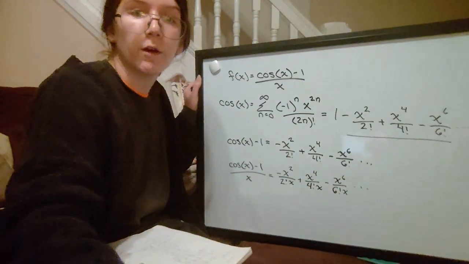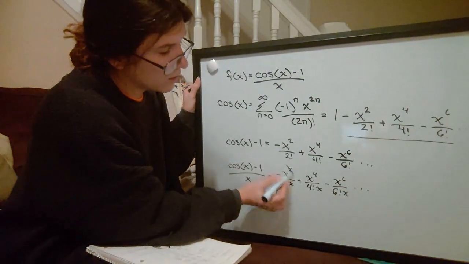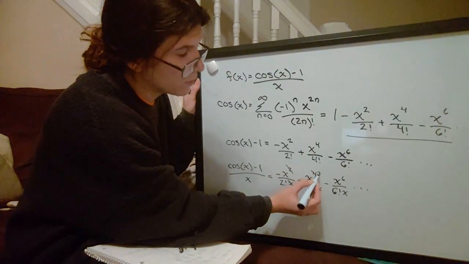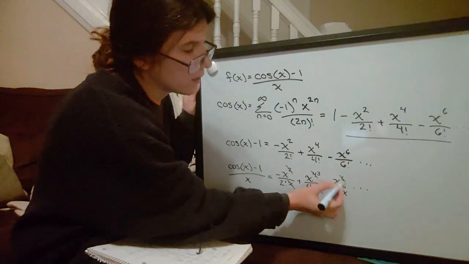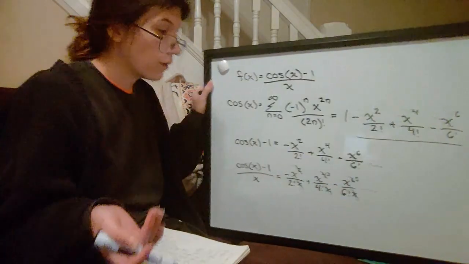That goes on and on forever. So we can do some simplification here. This x squared is going to cancel out with this x. This x to the 4th is going to reduce to x cubed. This x to the 6th is going to reduce to the 5th, and so on and so forth.